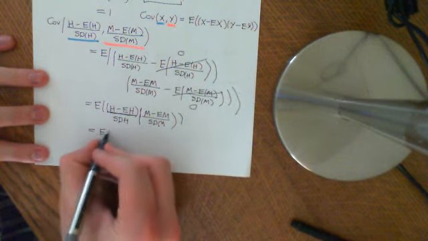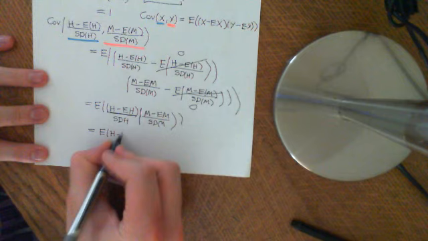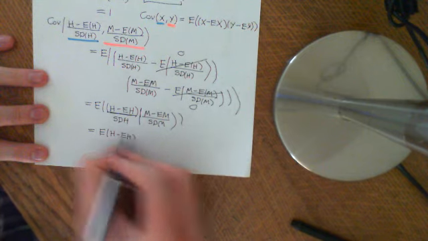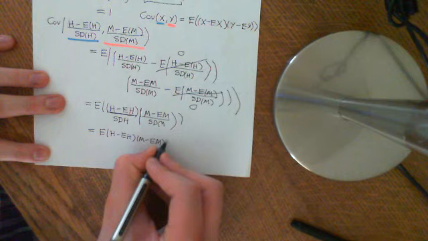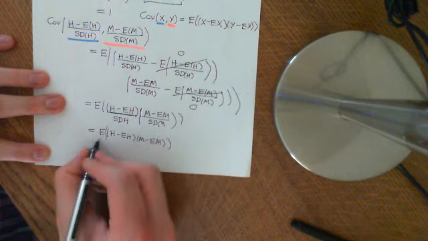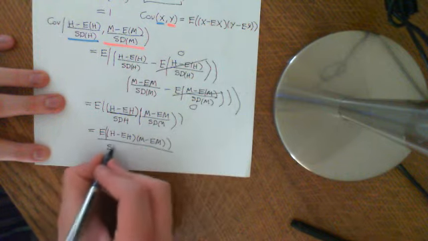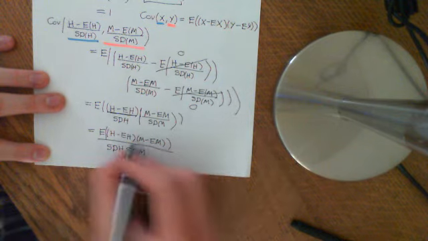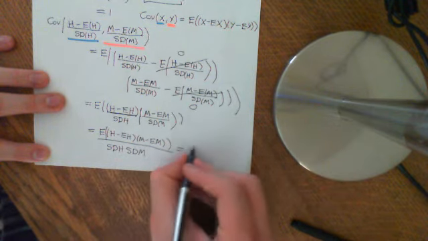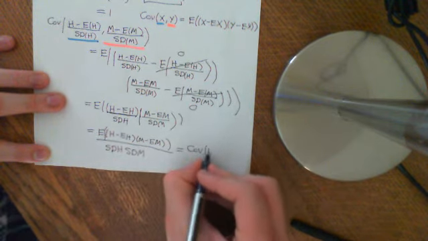So we get that this is the expected value of h minus the expected value of h times m minus the expected value of m, all in a bracket like that, all divided by the standard deviation of h times the standard deviation of m, and this thing you will just recognize as the covariance of h and m.